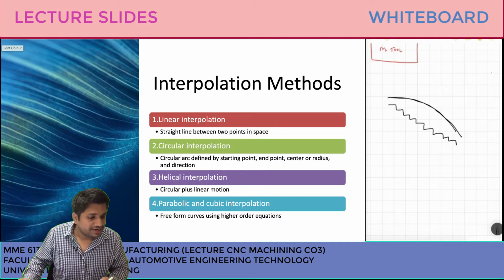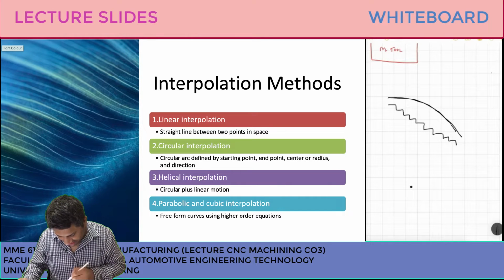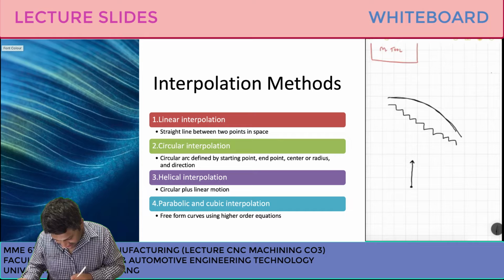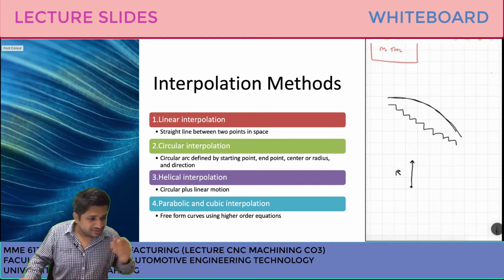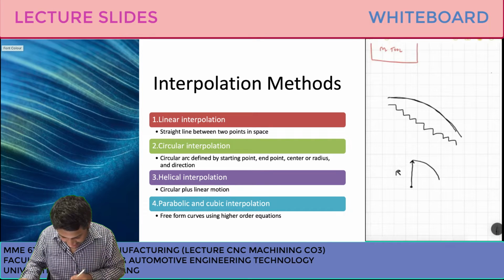Circular interpolation is basically defined by a radius and a center point. So I have this center point and this radius r, and within the limits of the radius, using the same radius, I will carry out my machining.